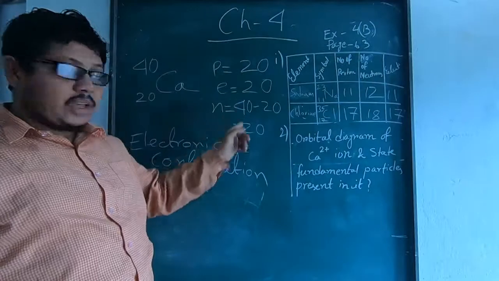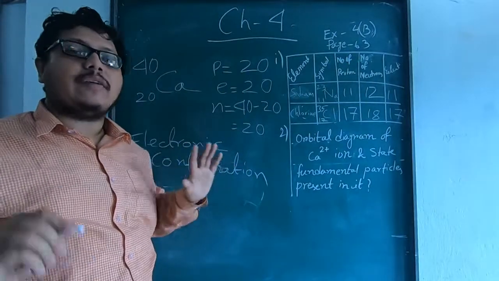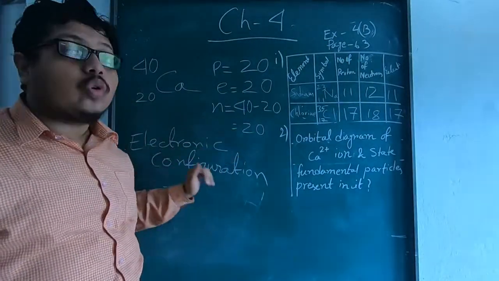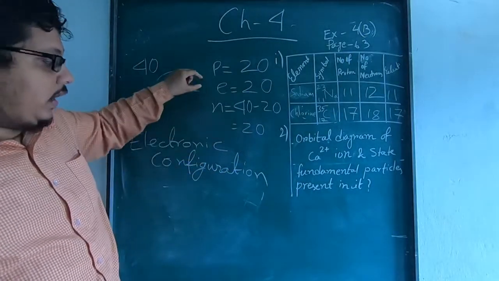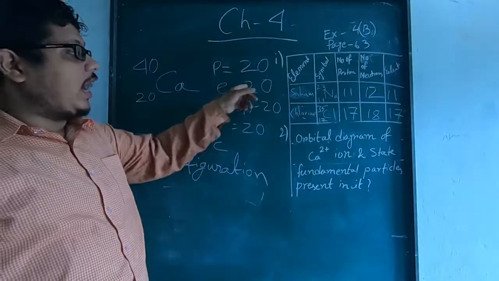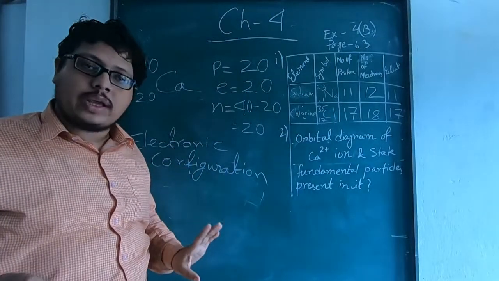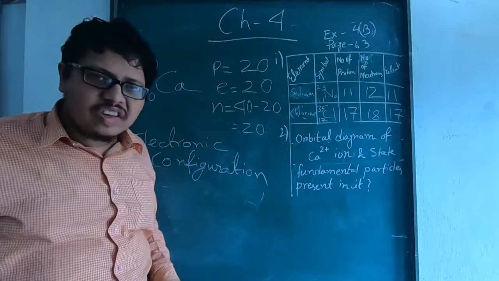Don't ever, now here both are the same, neutron and electron, but I have seen many times people just take the neutron and do it. No, it is electronic configuration, so I will go for the number of electrons. Here both are the same, but it will not always be the same.